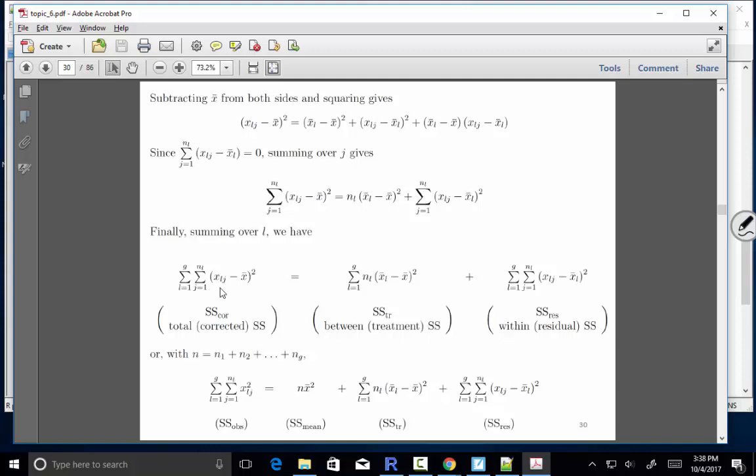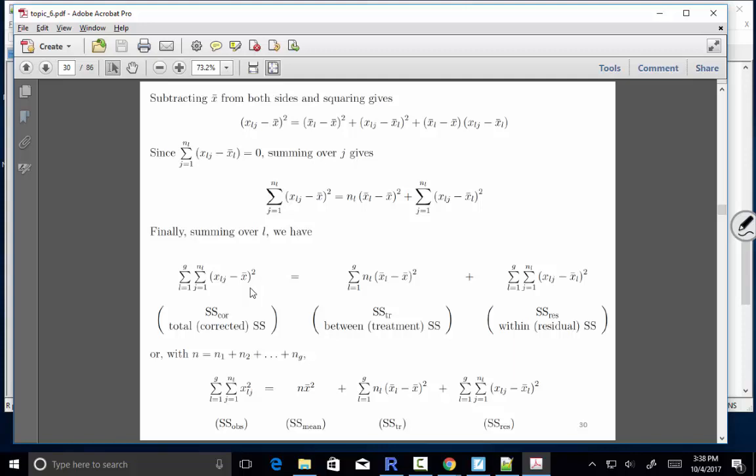If you look at these expressions, the total sum of squares is just an adding up of all squared deviations of the observed data points from the global mean. This x bar would be the average over all observations in our data set across all groups and everything, the total average of everything.